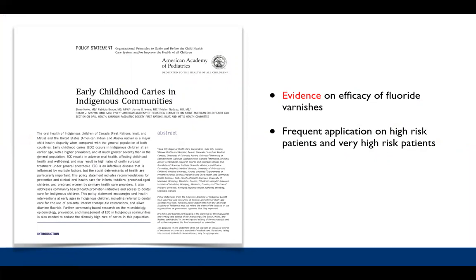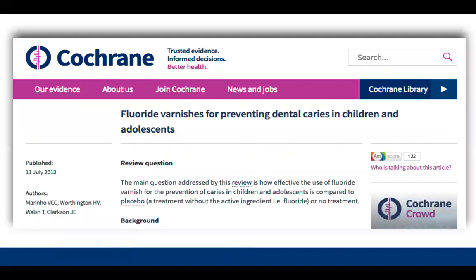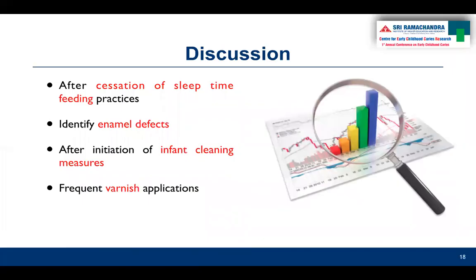Now, in this policy statement published by the AAP by Steve Holf, he tells us that fluoride varnish applied as soon as the tooth erupts in indigenous communities where ECC is very highly prevalent indeed helped to arrest early childhood caries progression. Now, this Cochrane review on fluoride varnishes for preventing dental caries further reaffirms that fluoride varnishes do help in arresting dental caries in children.